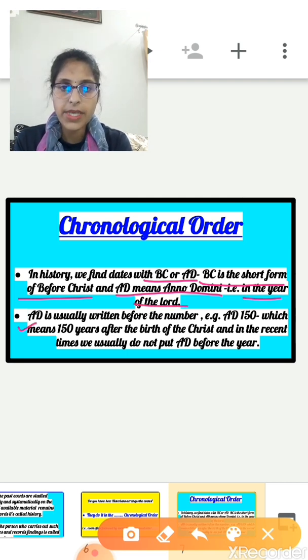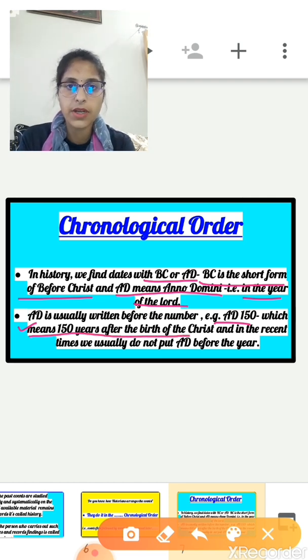AD is usually written before the number. For example, AD 150 means 150 years after the birth of Christ. But in recent years, we usually do not put AD before the year.